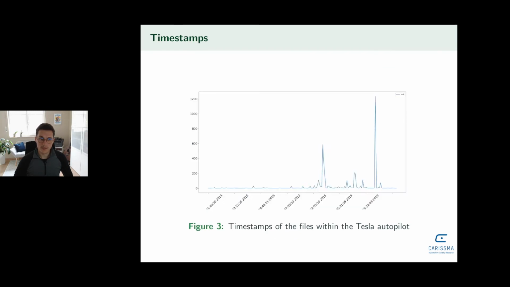Next, we take a look at the timestamps. The timestamps are pretty interesting too, because now we can see that at specific dates, specifically in 2019, a lot of files were committed to the SquashFS, which suggests that a lot of activity happened there.